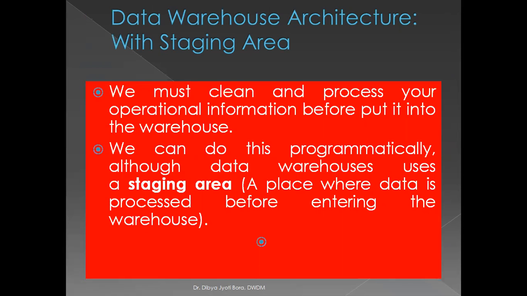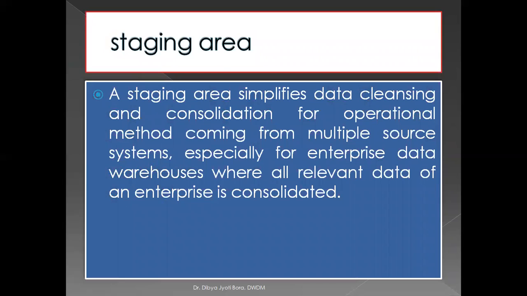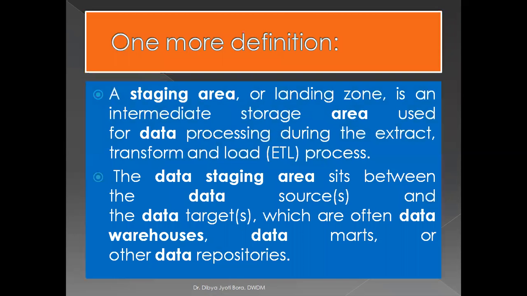We can do this programmatically, although the data warehouse uses a staging area. So what does staging area mean? The staging area simplifies the data cleansing process and consolidation of operational data coming from multiple sources, especially for an enterprise data warehouse, where all relevant data of an enterprise is consolidated.